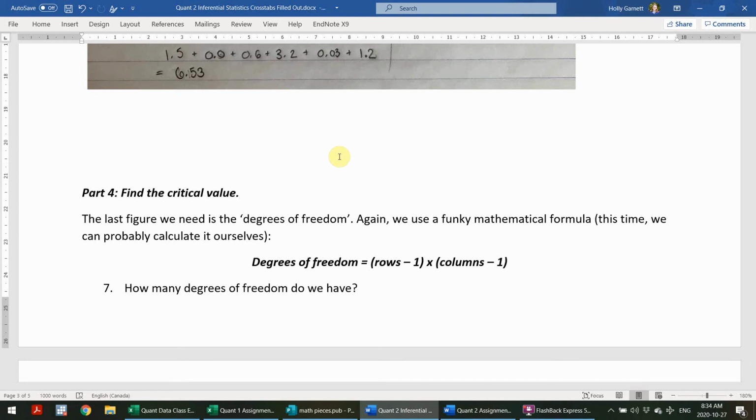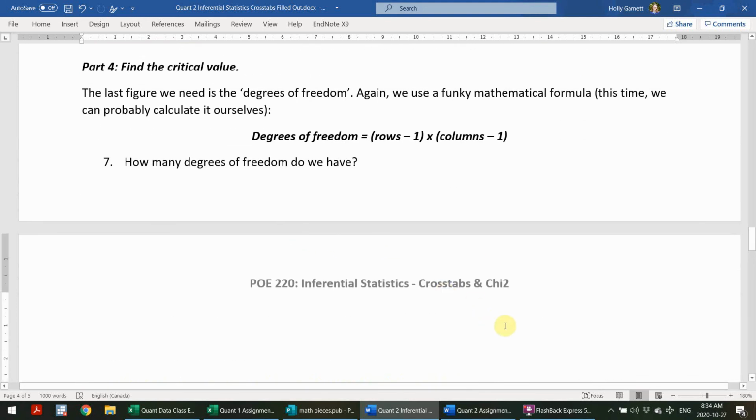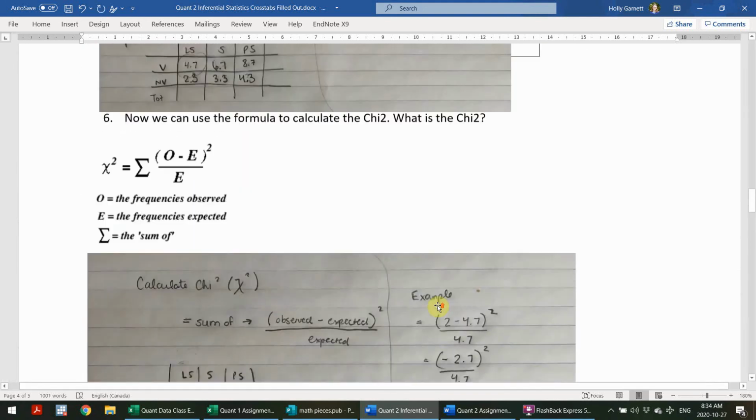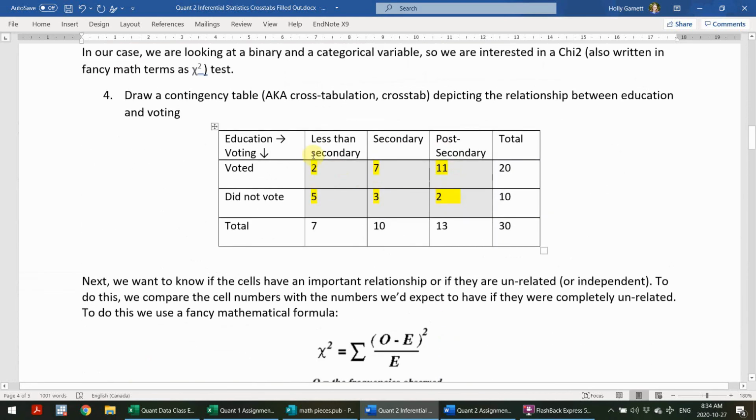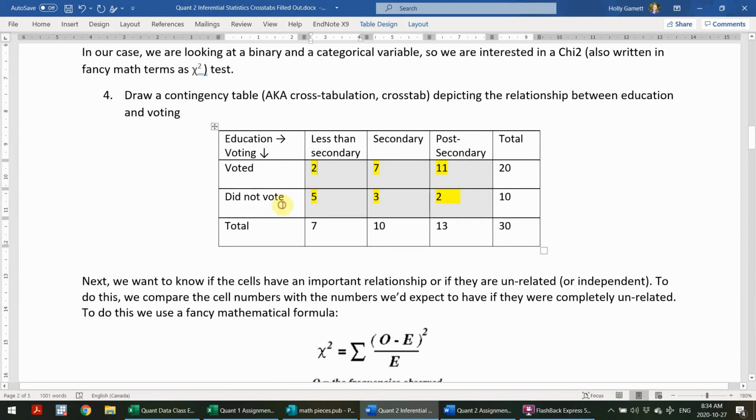Again, we use a funky mathematical formula. This time we can probably calculate it ourselves pretty easy. So the number of rows, how many rows do we have? Let's go back up here. 1, 2. So we have 2 rows and we have 3 columns.